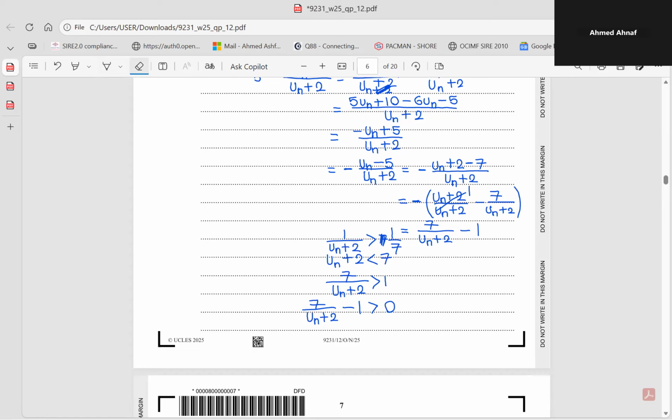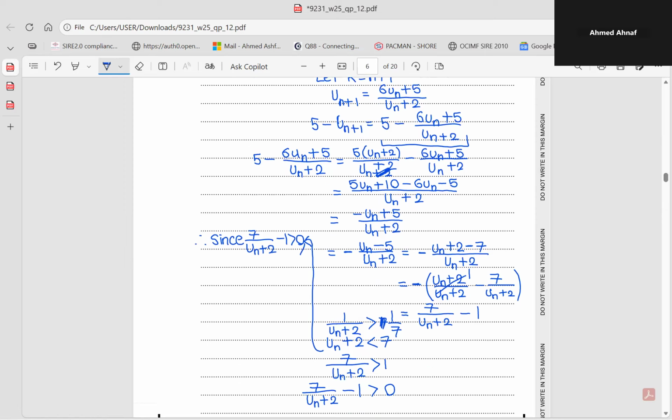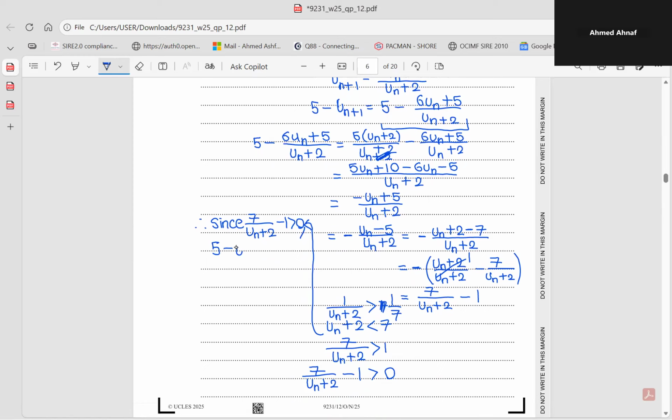So, okay, I'll just keep this here and do my conclusion in here. Since 7 over un plus 2 minus 1 is more than 0, 5 minus un plus 1 is more than 0.